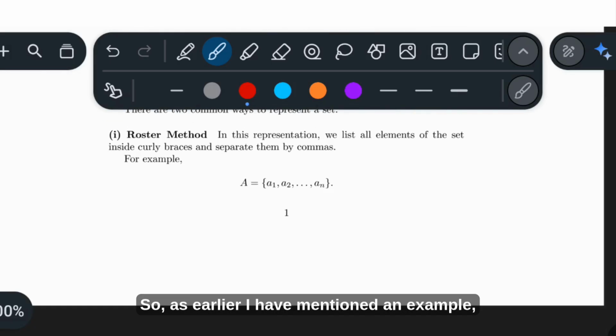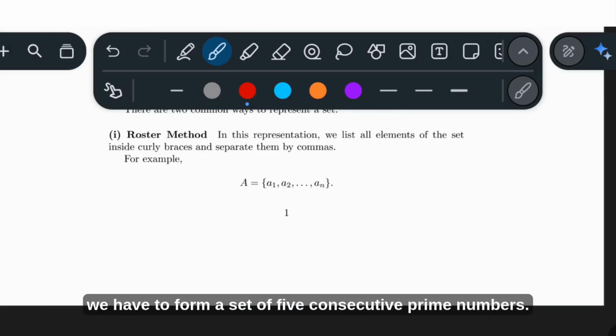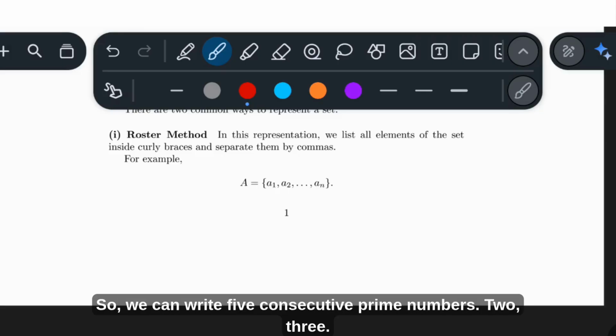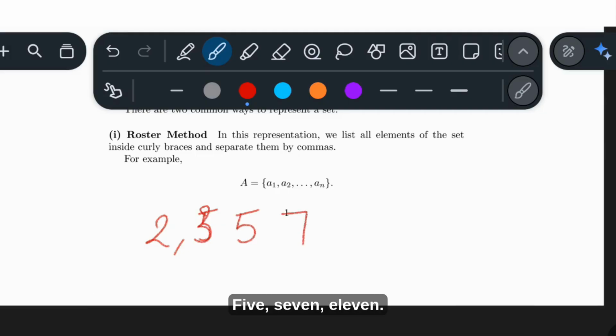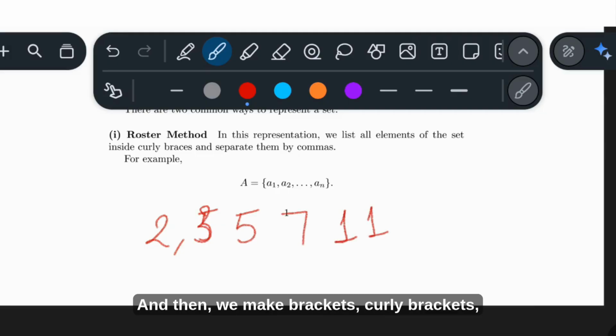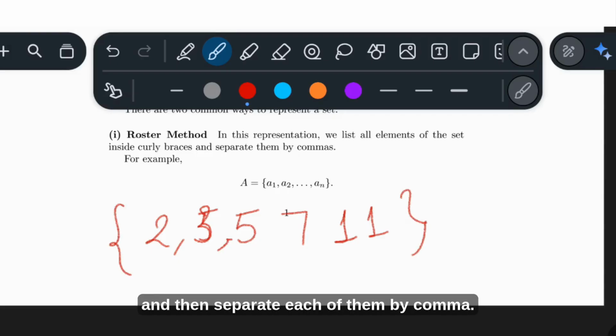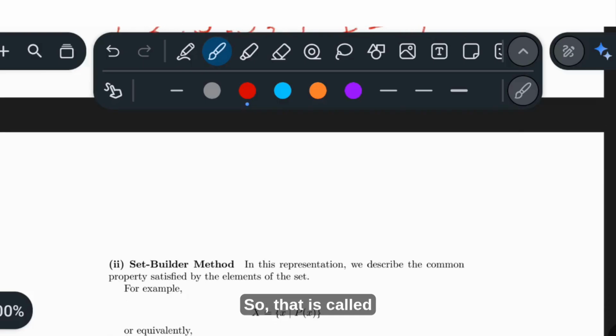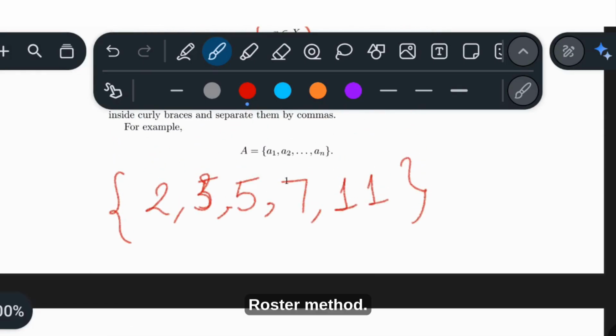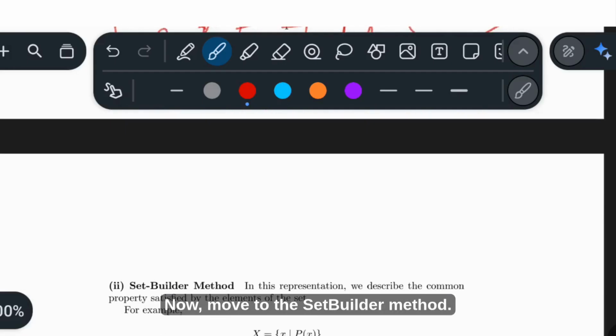As I mentioned earlier, for a set of five consecutive prime numbers, we can write 2, 3, 5, 7, 11 in curly brackets, separating each by a comma. That is called the roster method.